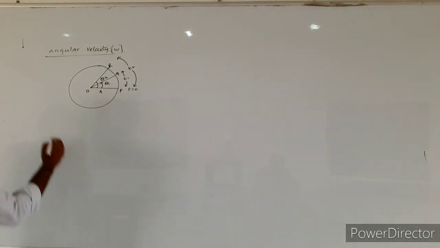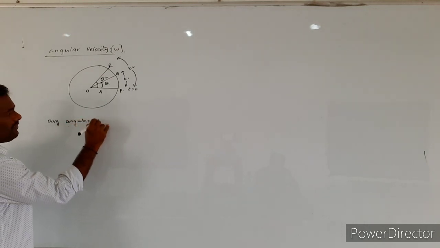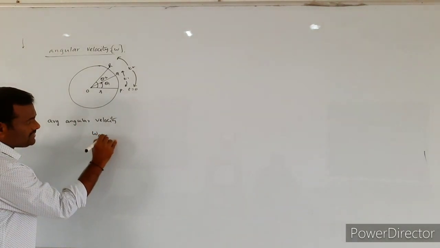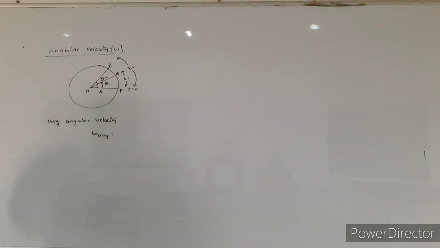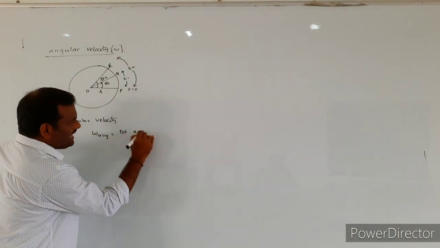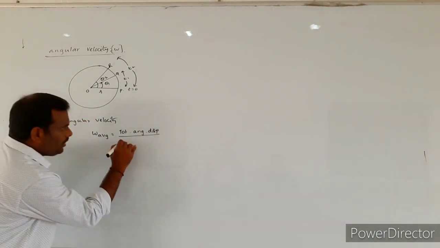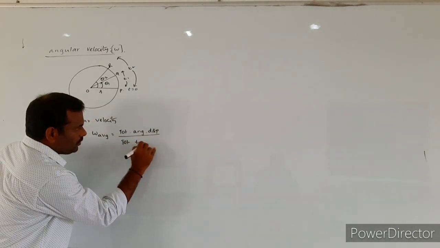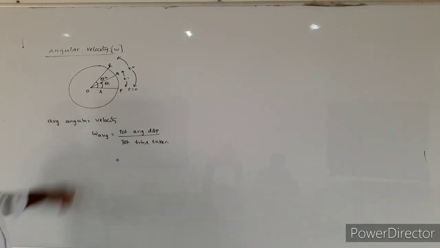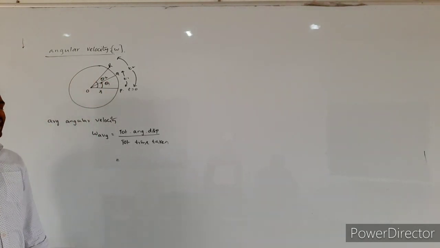Then the average angular velocity is defined as total angular displacement by total time taken. Theta 1 is the initial angular displacement, theta 2 is the final angular displacement.